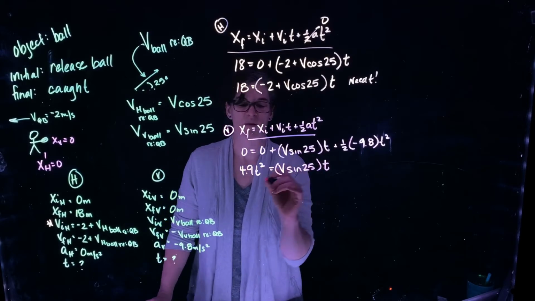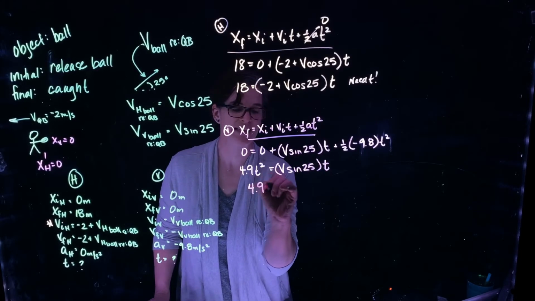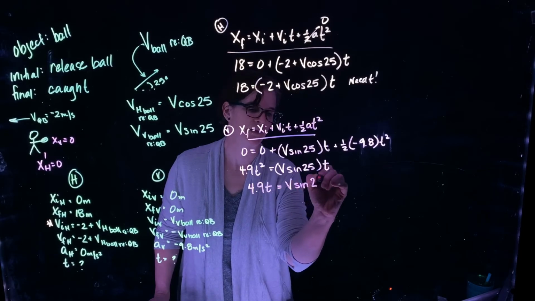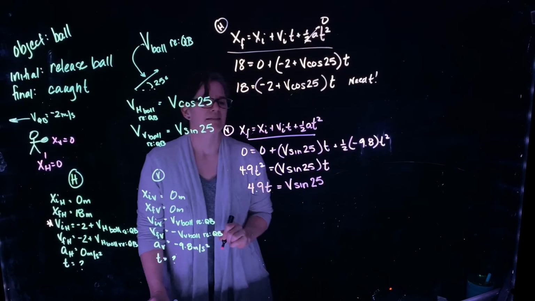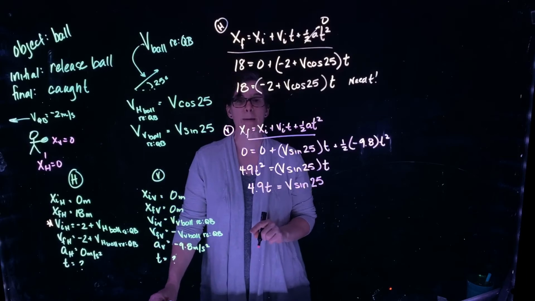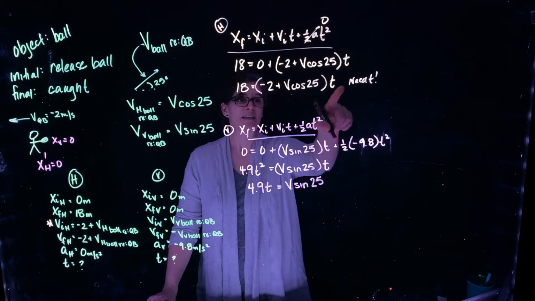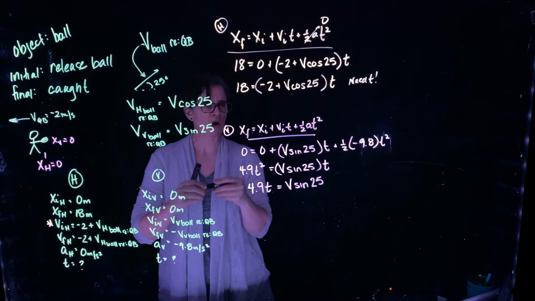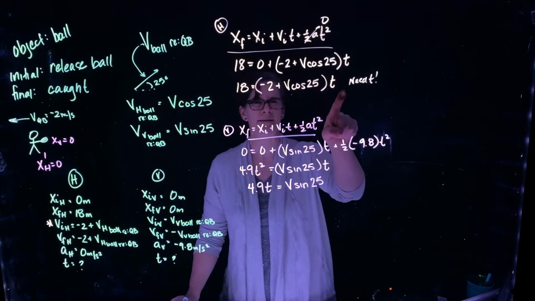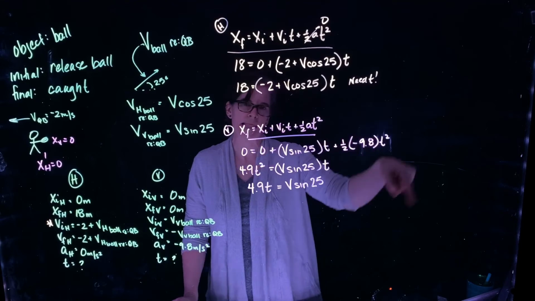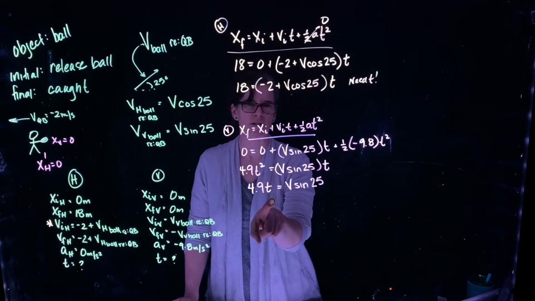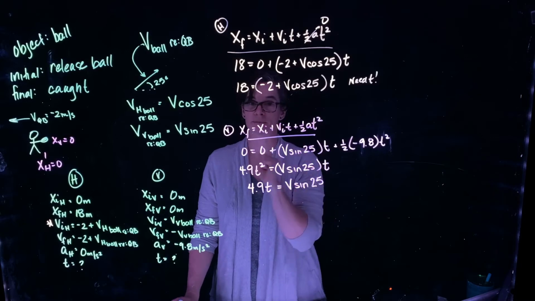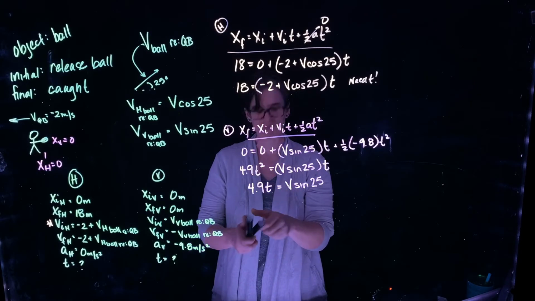One of the t's might go away for me, so I have 4.9t is equal to v sine of 25. I still don't have t, but these are the same t's. So if I were to solve for t and plug it in to this equation, I should be able to solve for v. Let's see if that works.